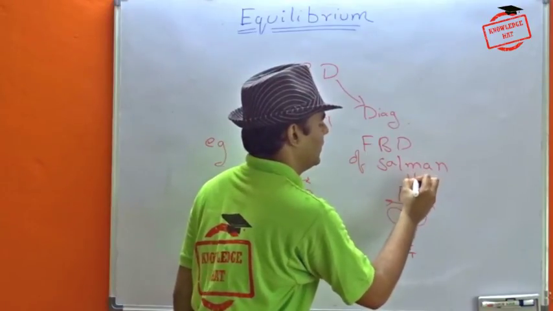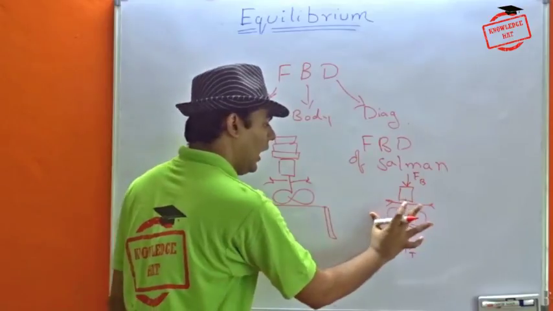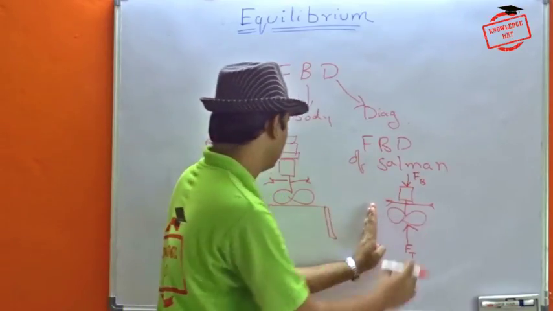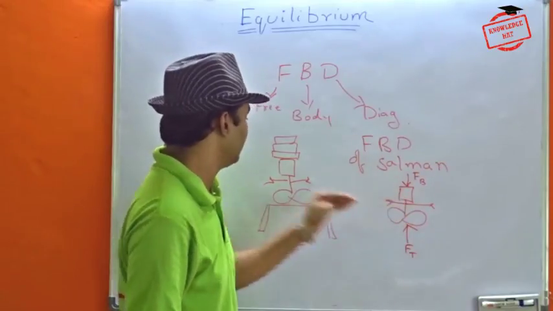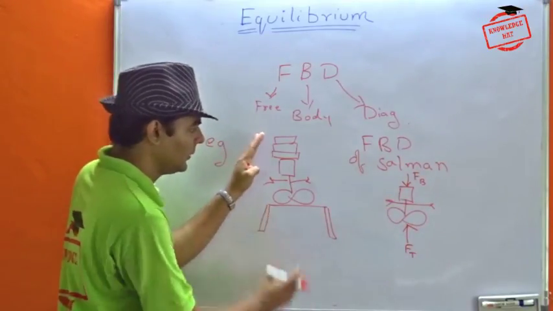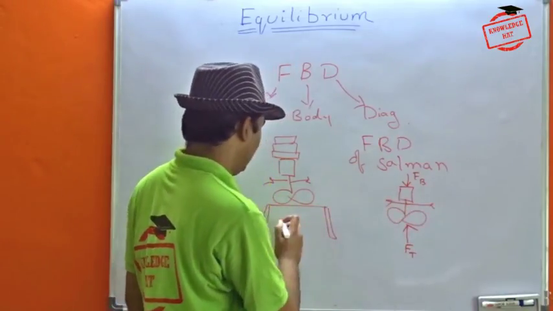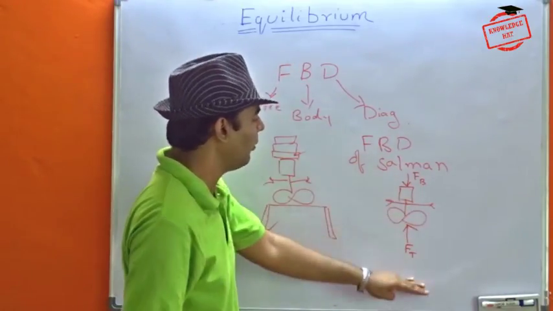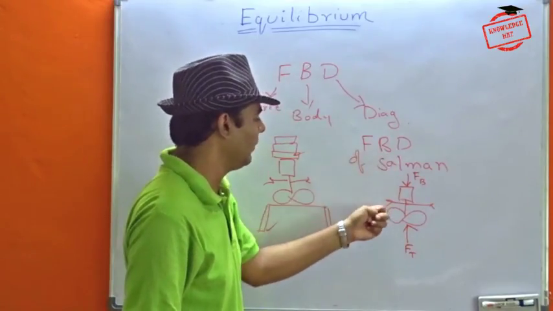So this will be Fb in the downward direction. So this is how we will represent Salman Khan and solve for the condition of equilibrium. If this system is in equilibrium, we'll not have any other table or book or any other component in this FBD. This is a free body diagram of Salman Khan.